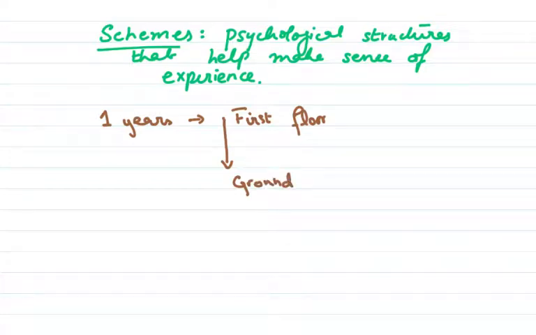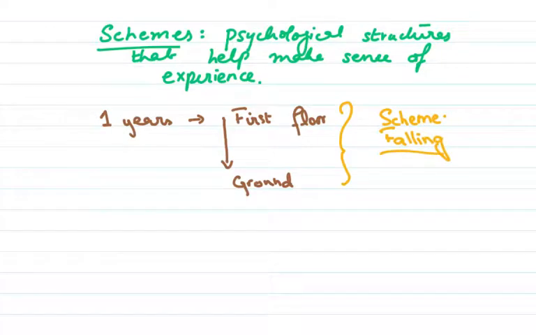Now, according to Piaget, what's happening is that this child is building a scheme of falling, right? Basically, the scheme tells him that when you release objects from your hand, they're going to fall, right? Another thing that he does is that he picks up different objects.